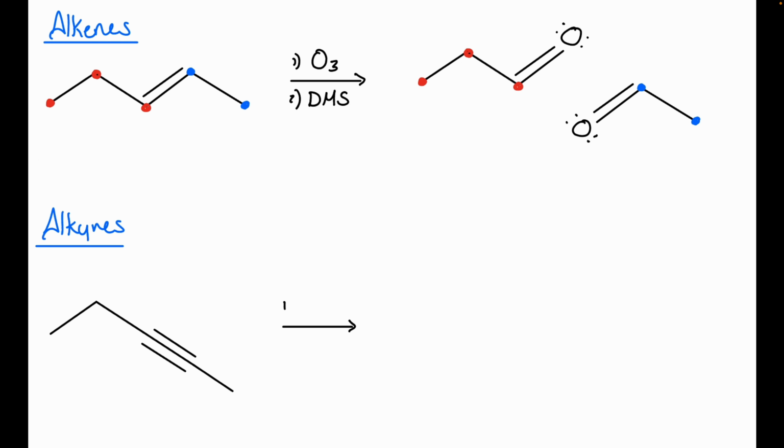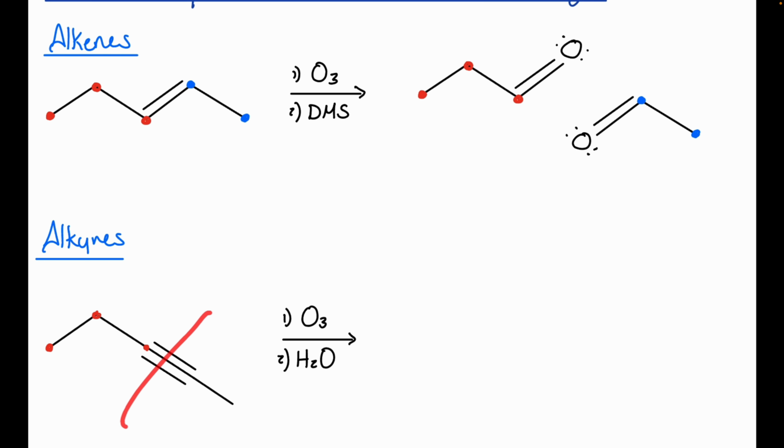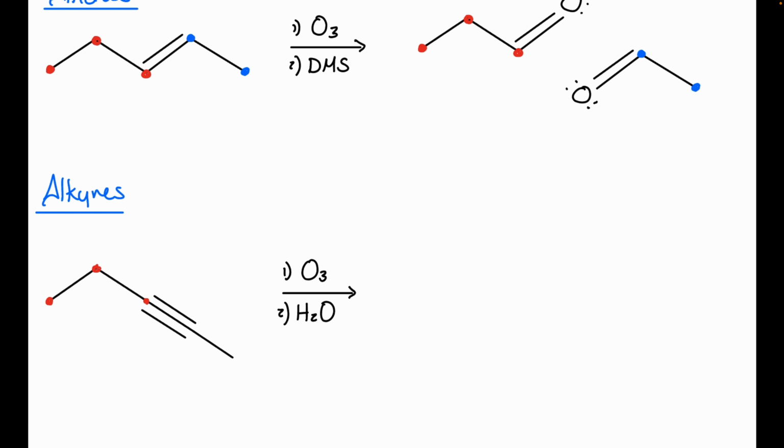All right, our reagent list is going to look really similar, except instead of DMS, I'm going to use water in my second step. The key here, the thing I'm focusing on is that O3 to let me know that this is, again, that oxidative cleavage reaction. Because, again, I'm going to take this molecule and I'm going to chop it at that carbon-carbon triple bond.